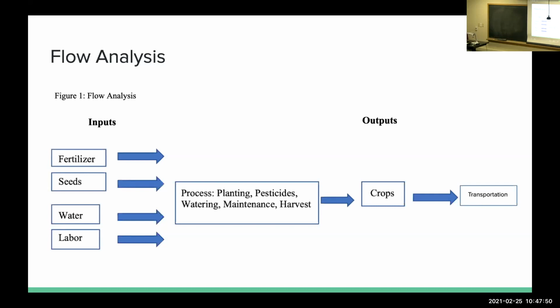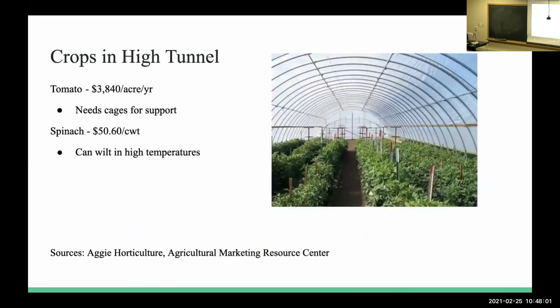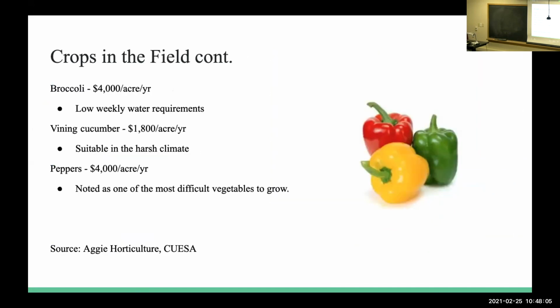And my last comment is probably on Rebecca's slides about asparagus and tomatoes. There were a lot of qualitative terms. This is going to use more water. This is going to have less profit. If I'm the client, I'm going to say, well, tell me what low weekly water requirements means. It's noted as one of the most difficult vegetables to grow. Tell me why.